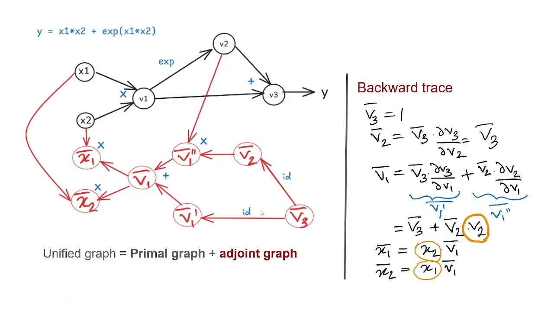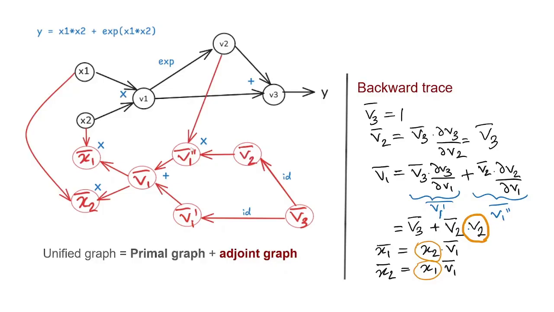And that's how we obtain this adjoint graph. For instance, v2 bar is basically v3 bar times 1. By ID, we mean multiplication by 1. And adjoint of v1 is the summation of the adjoints of v1 dash and v1 double dash. These quantities themselves: v1 dash is basically v3 bar, so identity on that, and v1 double dash is the product of adjoint of v2 times v2.